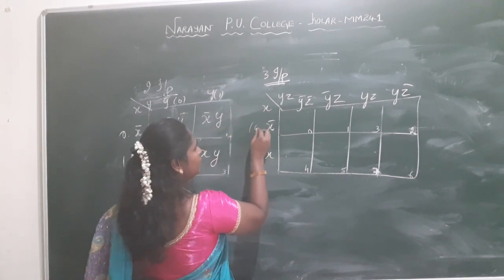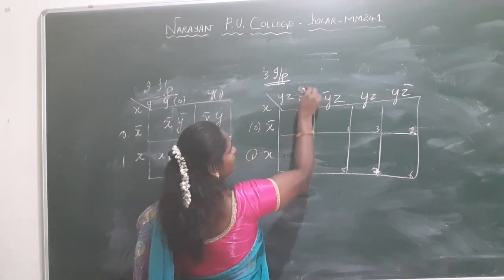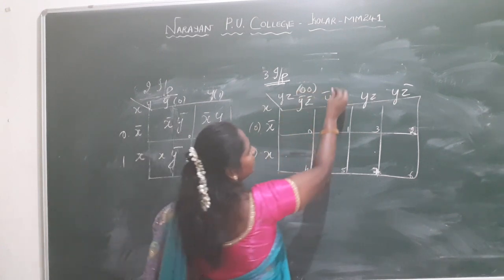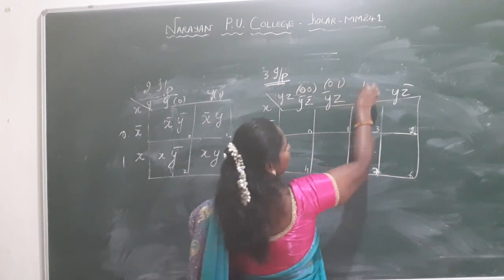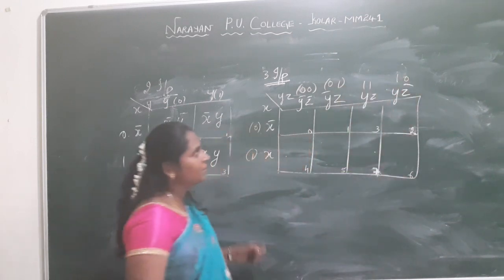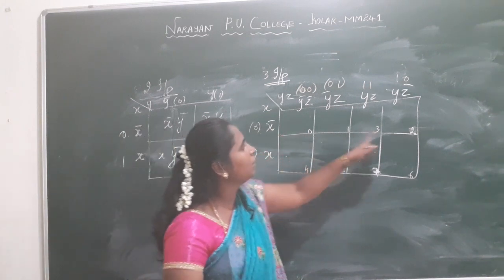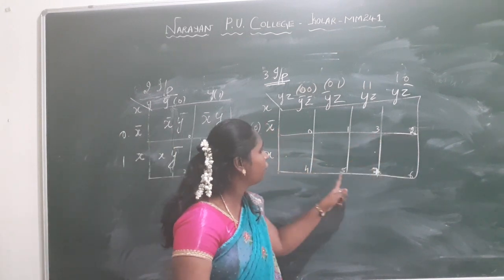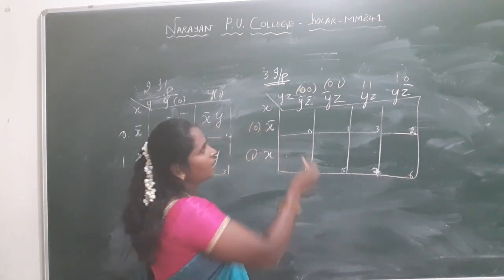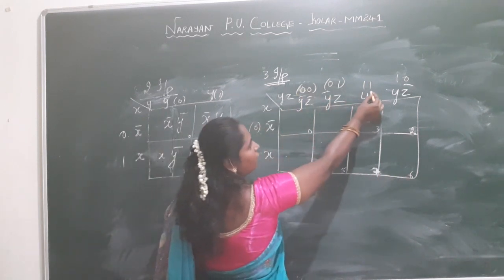For x bar it is 0, for x it is 1. For y and z, x bar, y bar is 0, 0. Here 0, 1. And here it is 1, 1. And y, z bar is 1, 0. So you have seen the order, the representing of squares is 0, 1, 2, 3, 4, 5, 6, 7. See the representation of binary values: 0, 0, 0, 1, 1, 1, 1, 0.